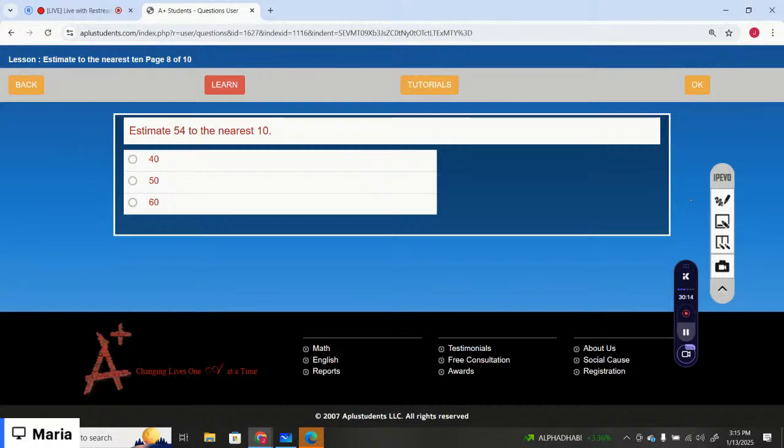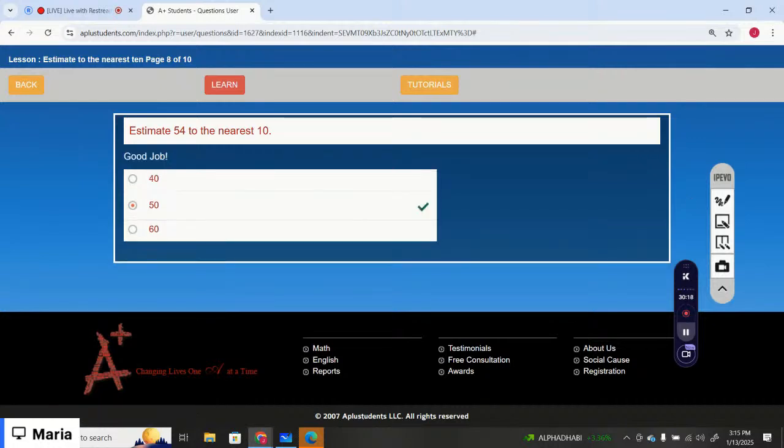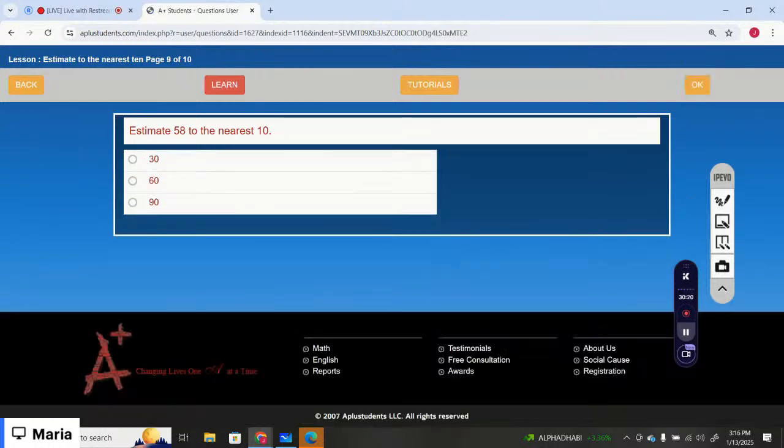Very good. The correct option is option number 2. Estimate 58 to nearest 10. So which is the correct option?